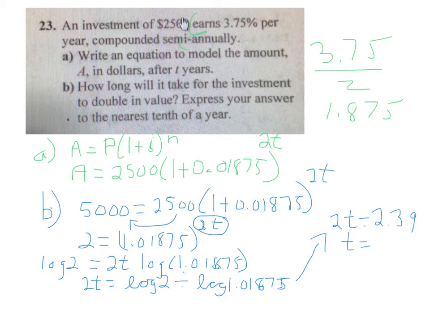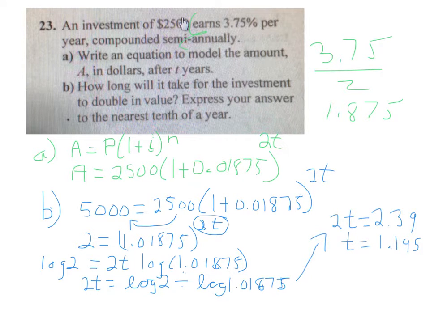So t equals 2.39 divided by 2, which is 1.195. That doesn't make sense, does it? Because that means after 1 year it would double. That doesn't make sense because you can't double your money at 3% in 1 year.